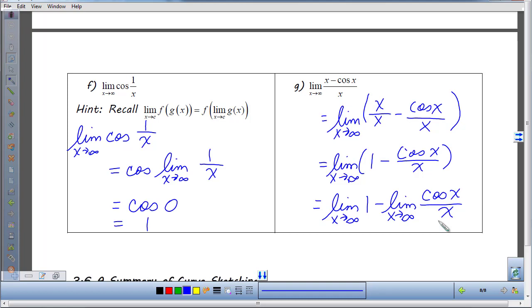What we found was that the limit as x approaches infinity of cosine x over x is equal to 0. Of course, the limit as x approaches infinity of 1 is just 1, so we get 1 minus 0, or just 1. This takes a little practice, but if you work on the homework in WebAssign and additional problems from the textbook, I'm sure that you can understand this concept.